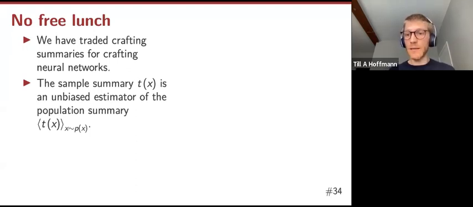So the sample summary in this toy example that we considered is an unbiased estimator of the population summary. So what we did was we generated IID data, then we compressed it, mean pooled. Now, if we just generate more data, that mean pooled summary statistic is an unbiased estimator of what we'd get if we took an infinitely large sample.